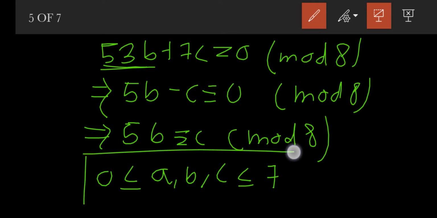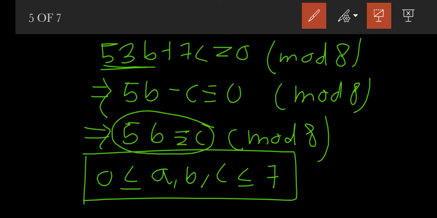So I should make some tables to see in which cases this is divisible by 8. Let's go ahead.